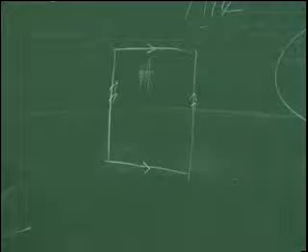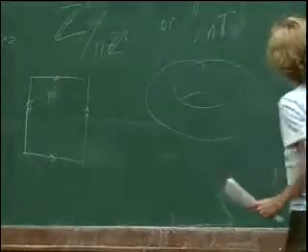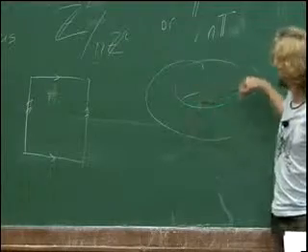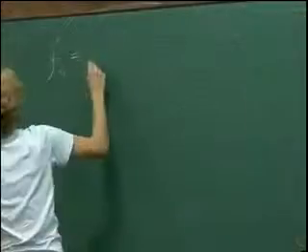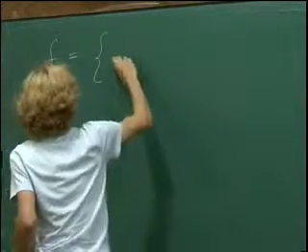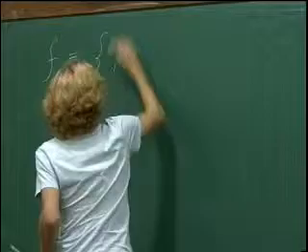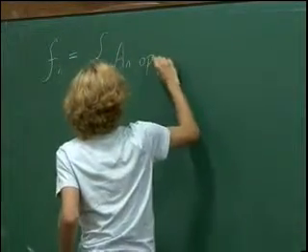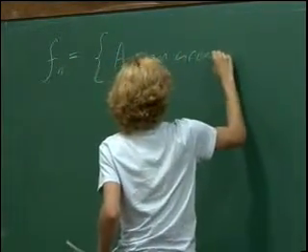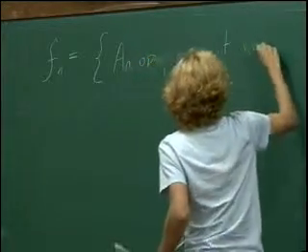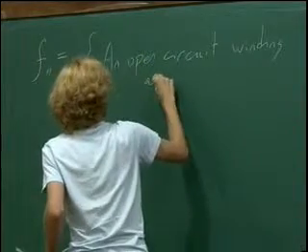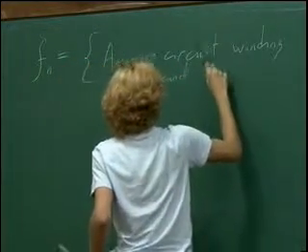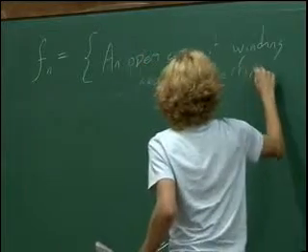And the event we will consider is that there's a loop winding once around the first coordinate. So an open circuit winding at least once around the first coordinate.